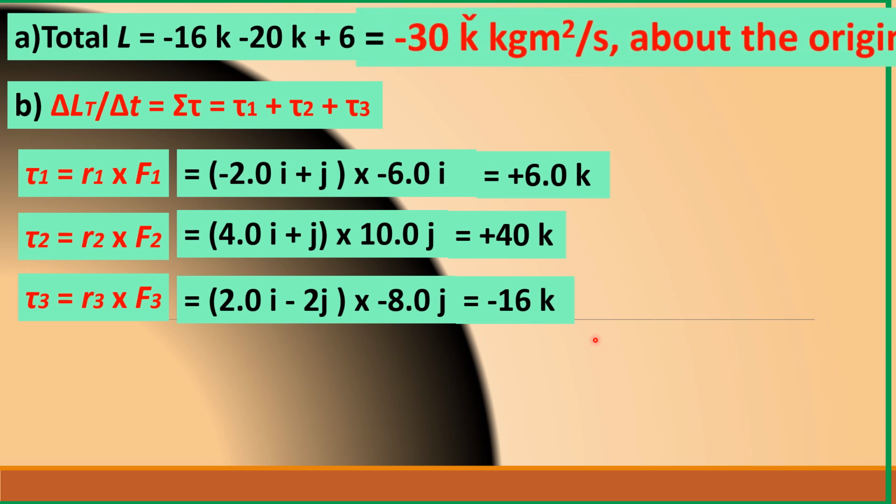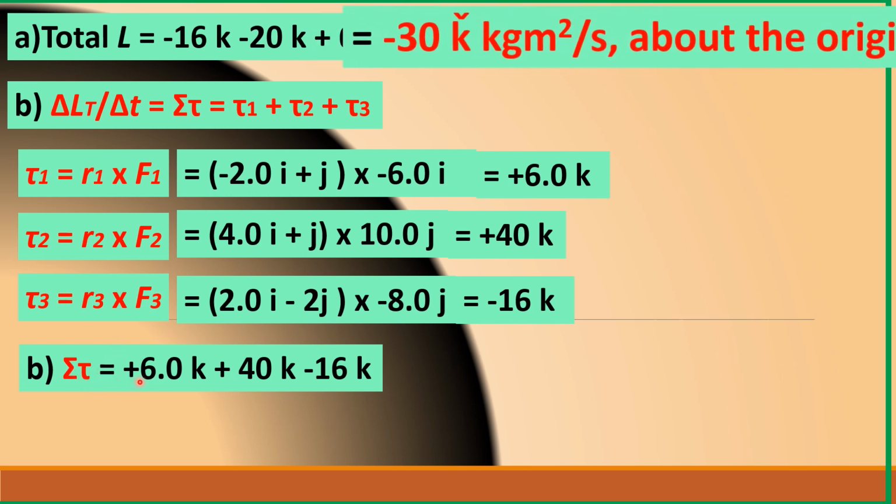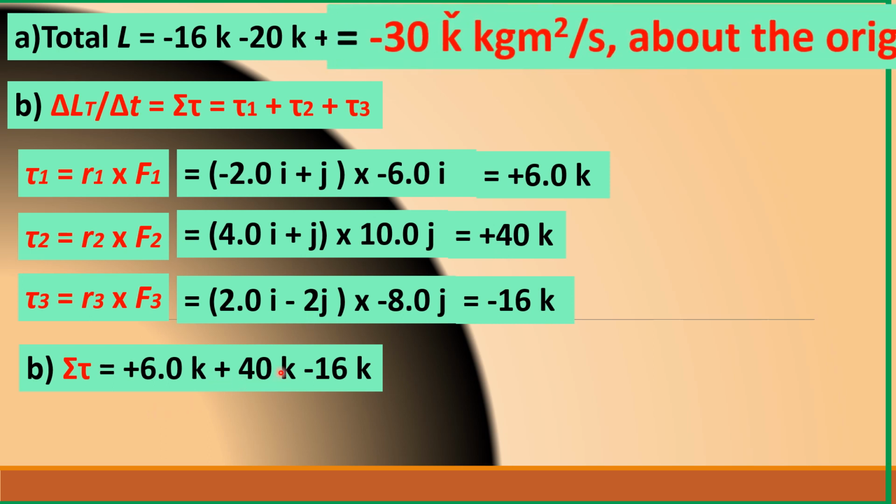And so finally, if you get the total of these three torques, we just add them. The summation of torque is equal to positive 6.0k, that's torque number 1, plus torque number 2, which is positive 40k, then minus negative 16k, which is the value of torque number 3.